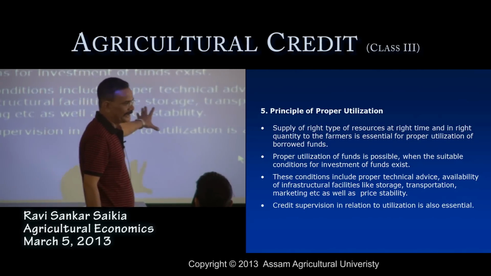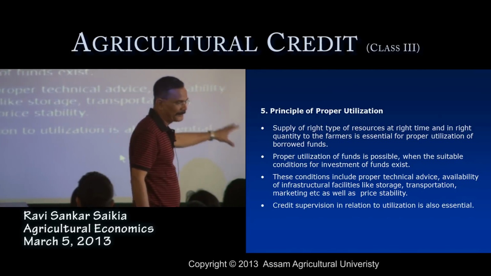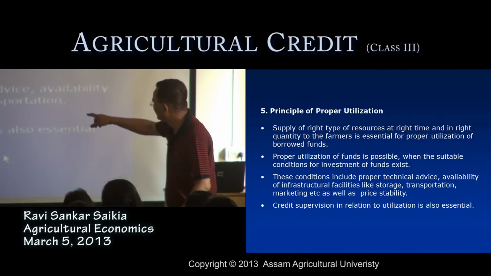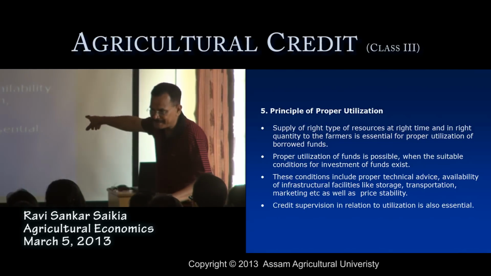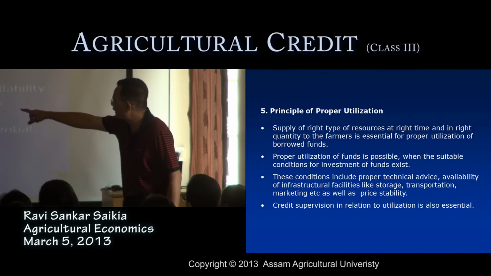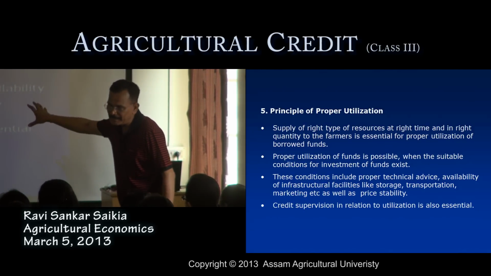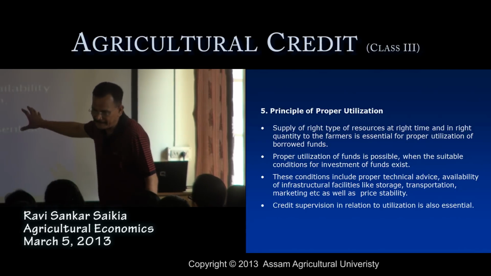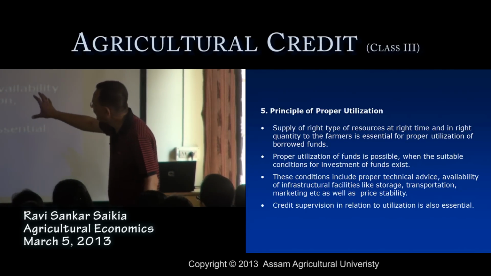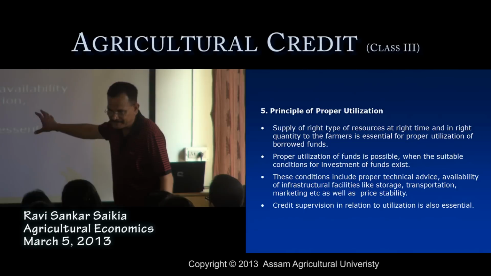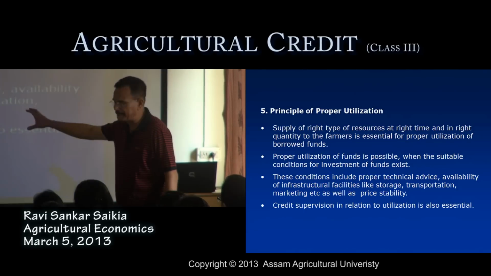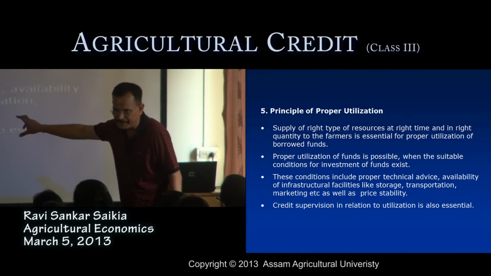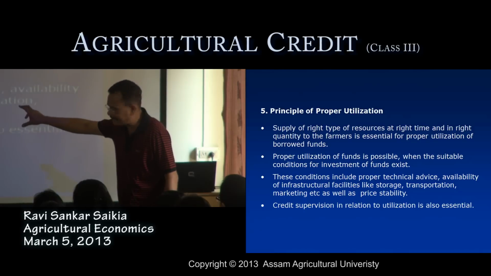And along with this, some facilities which can help the farmers generate higher income, like storage, better transportation, marketing, price stability, can be given by the banking organization. The bank may give information regarding the price. The bank may help the farmers go to the market, taking facilities from the marketing agencies.